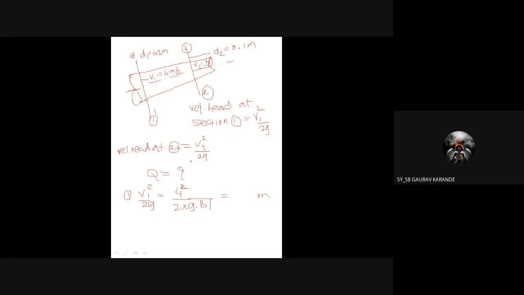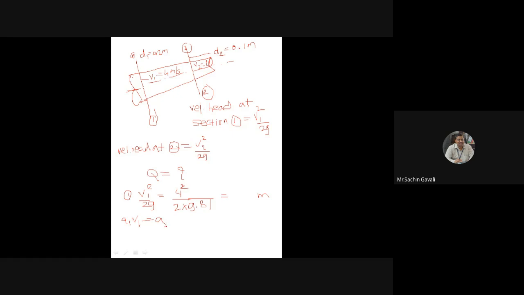A1 V1 is equal to A2 V2. Correct. So the continuity equation is there. To determine V2, Q is equal to A1 V1 is equal to A2 V2. Very simple, correct. Gaurav, correct.